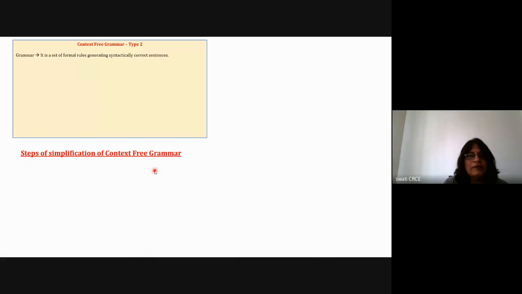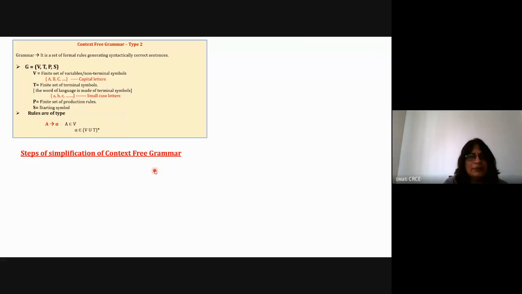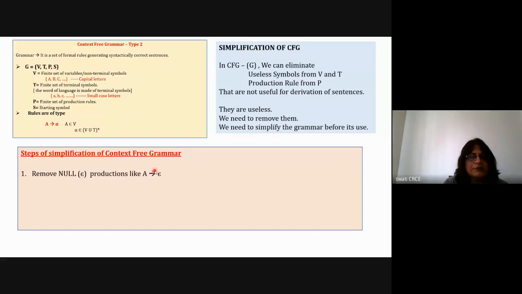Okay, then we have seen that in the simplification of the grammar, there are multiple steps. The steps are, first, you have to follow the steps in the particular sequence. Okay, don't forget, you have to follow the steps in a particular sequence. Like first, remove epsilon productions. So if there is any production such as A generates epsilon, then identify such productions and remove them.